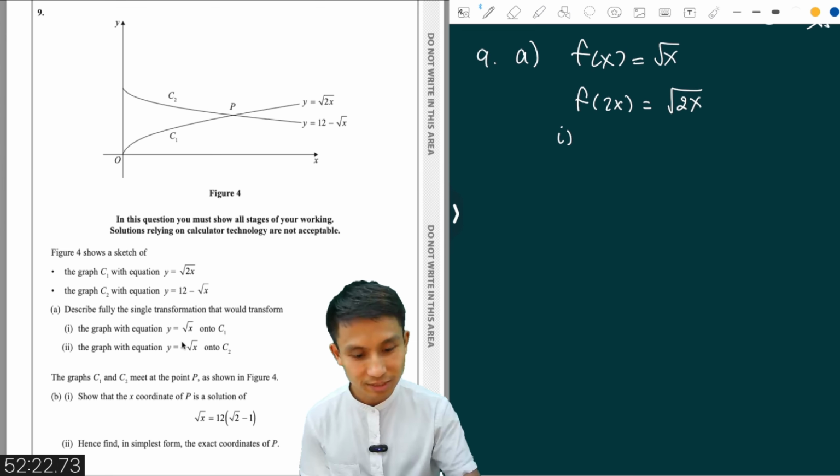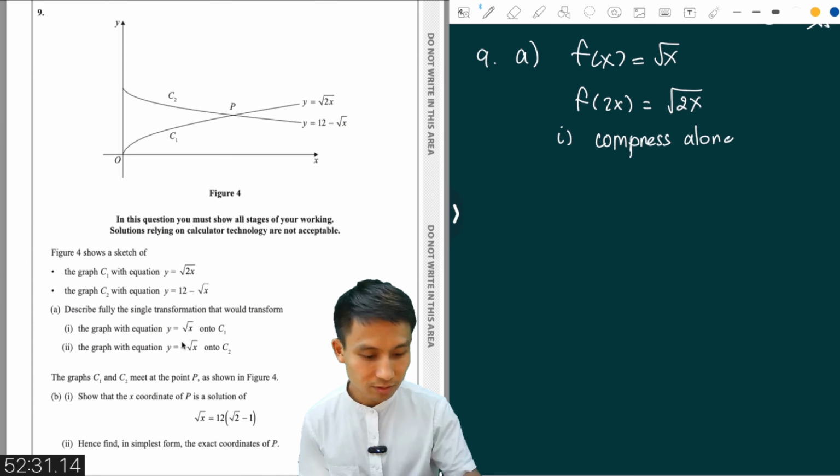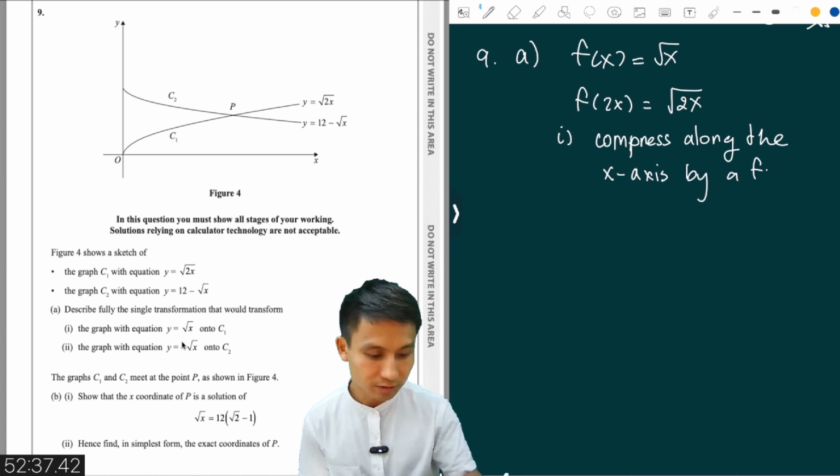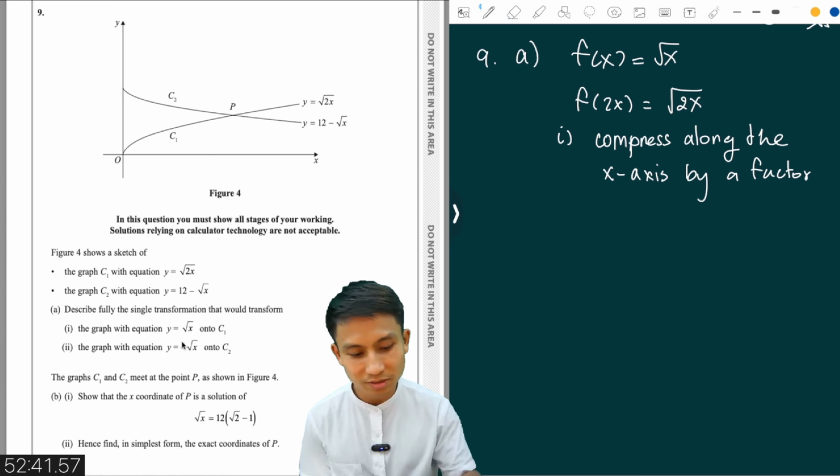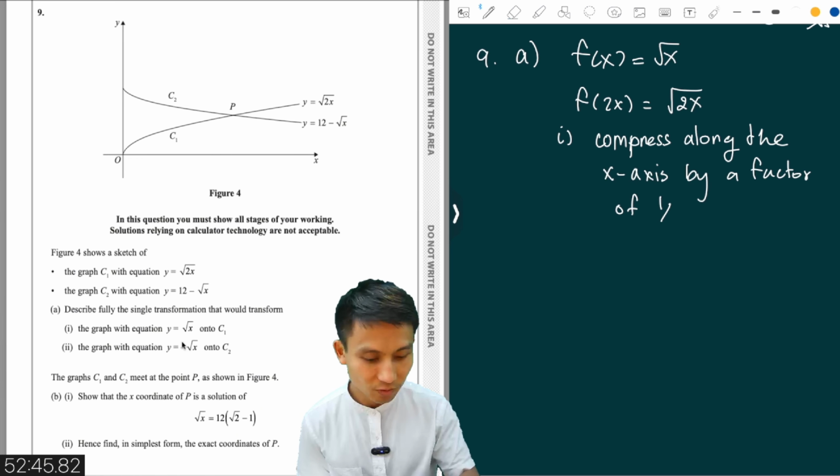What do we say? Compress along the x-axis by a factor, well, we can just say, no, not a scale factor. Yeah, compress along the x-axis by a factor of 1 over 2.